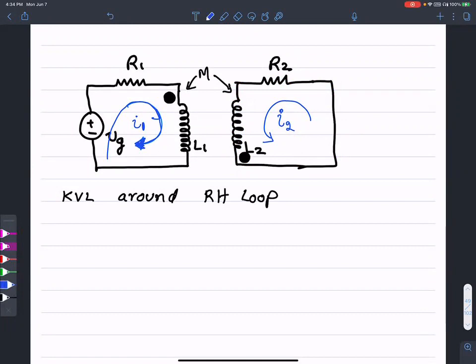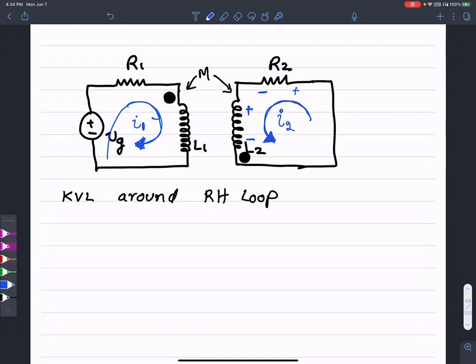That's the right hand mesh. So let's start defining the currents. Let's follow this current direction. We'll call this plus and this minus, because we are following the current direction of counterclockwise in I2.